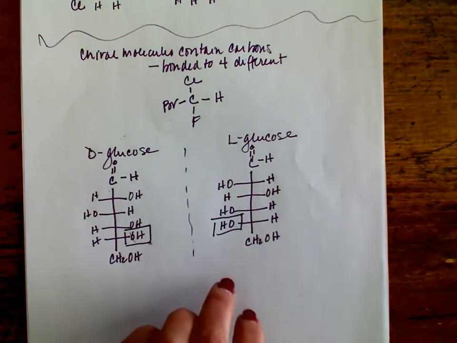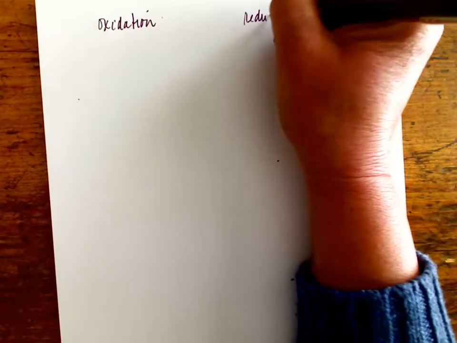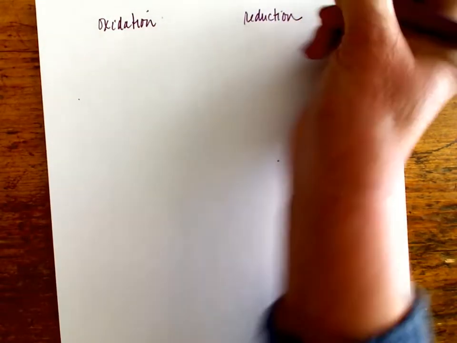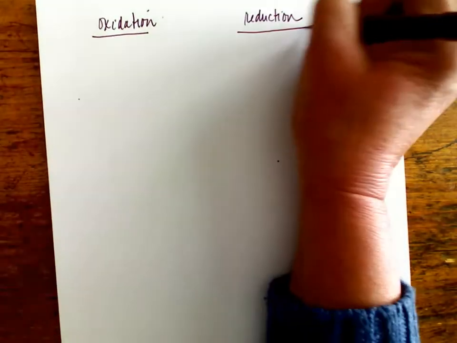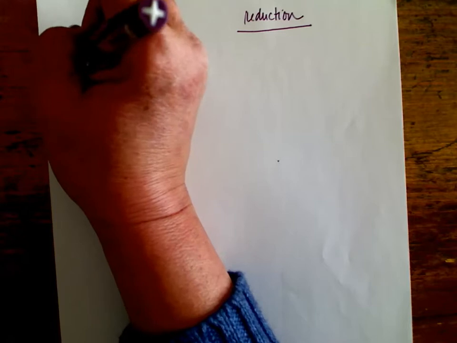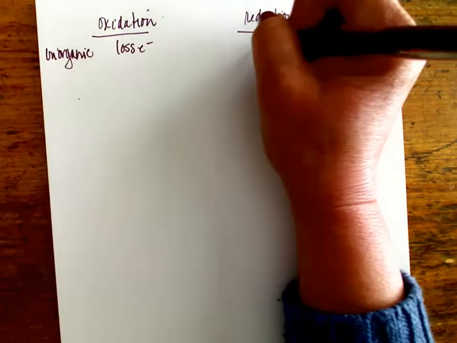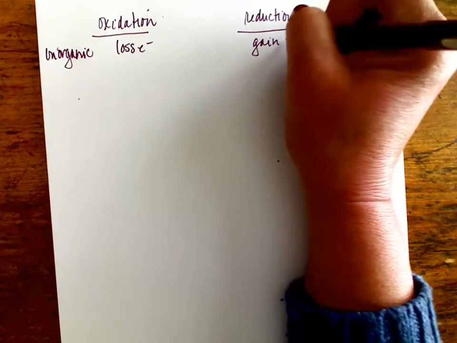Now I'd like to talk about oxidation and reduction, and we will go back and refresh our memories on that. I'll give you both the organic and the inorganic definitions. Inorganic is quite simply loss of electrons or gain of electrons. Okay.